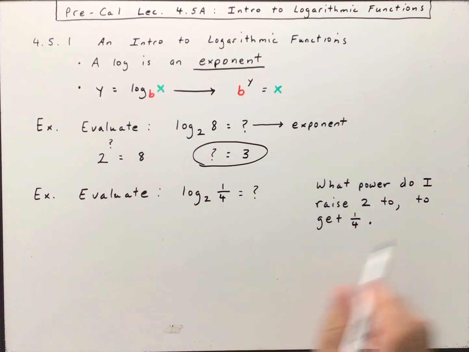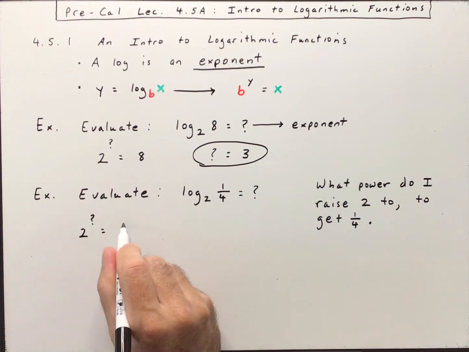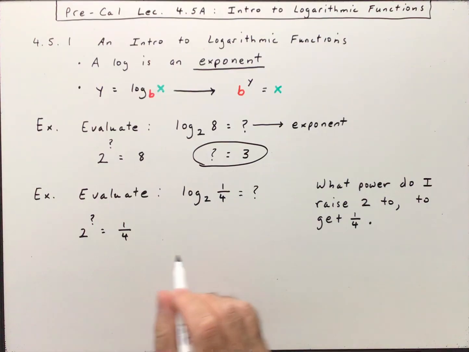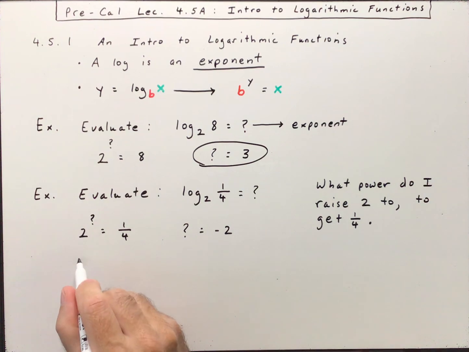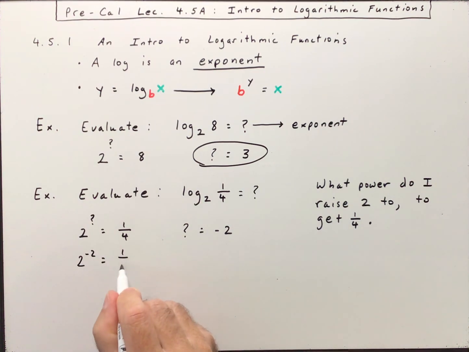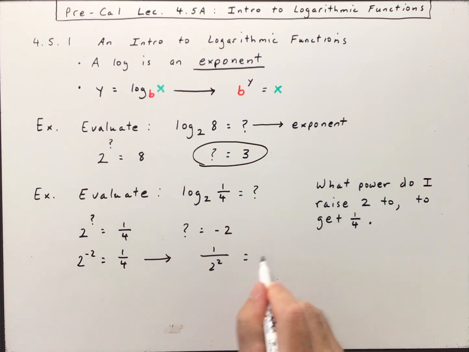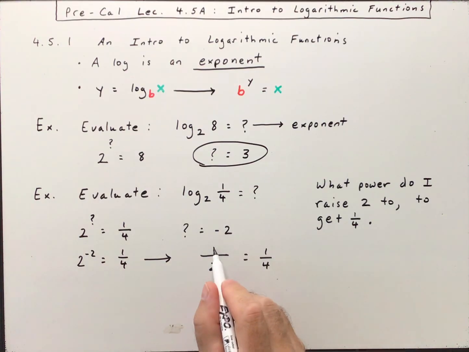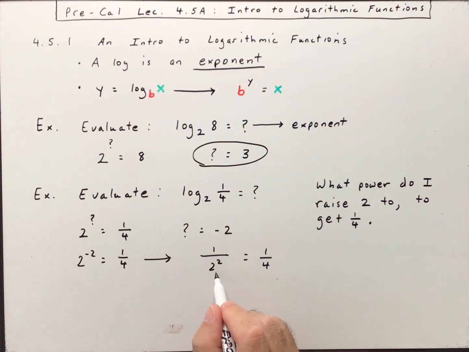Okay, that's what this is asking. So 2 to the question mark is equal to 1/4. So what power do I raise 2 to get 1/4? Well, that's going to be -2. 2 to the -2 is equal to 1/4. So that's the same as 1 over 2 squared, which is 1/4, right? 2 to the -2 is 1 over 2 squared. Remember, if it's to a negative exponent, you send it to the denominator.